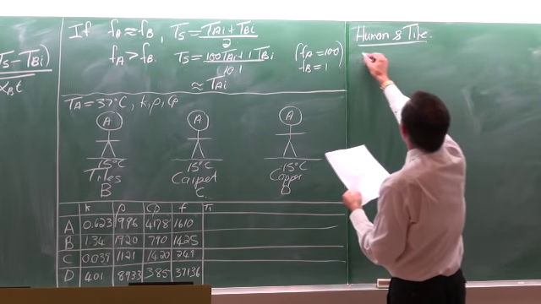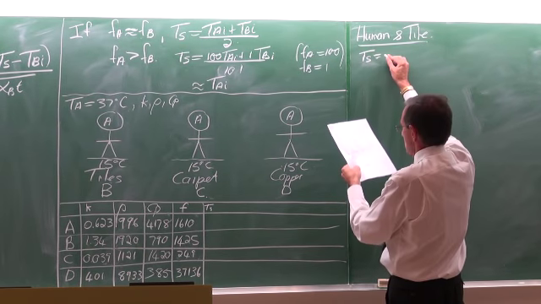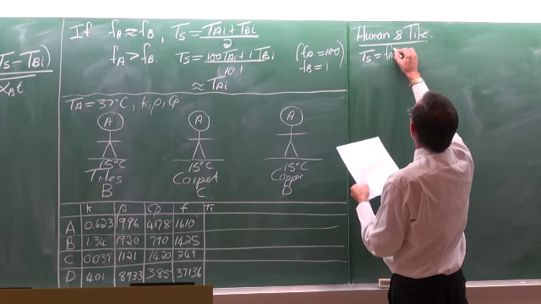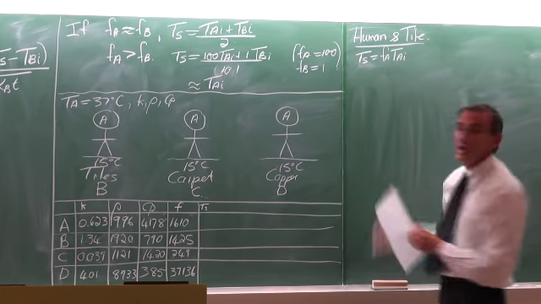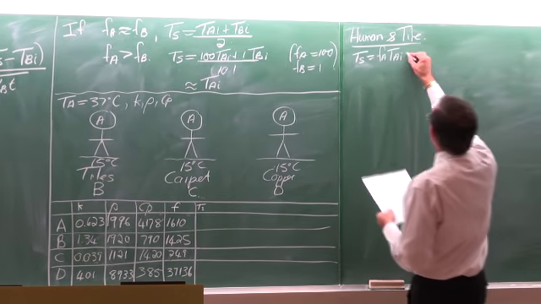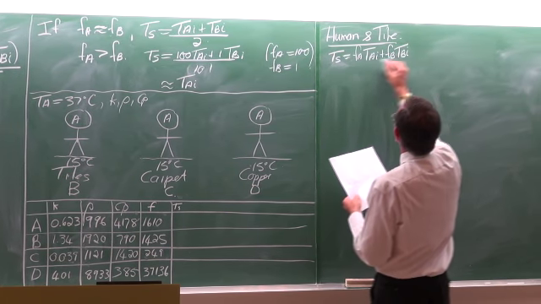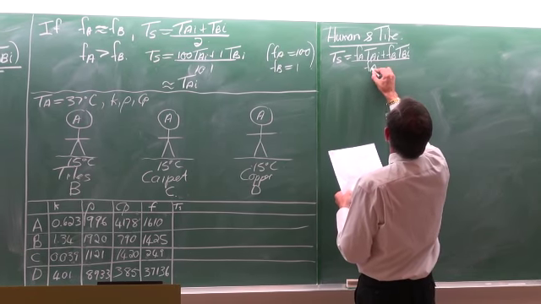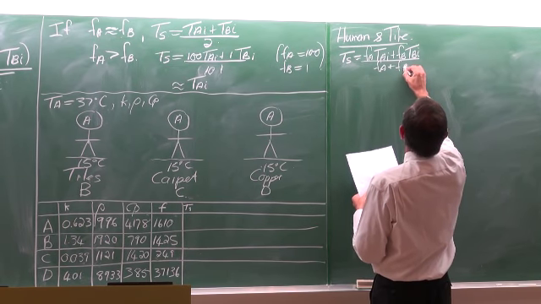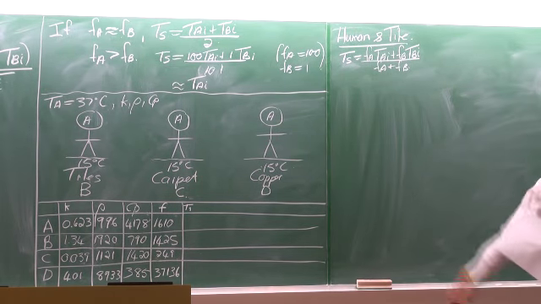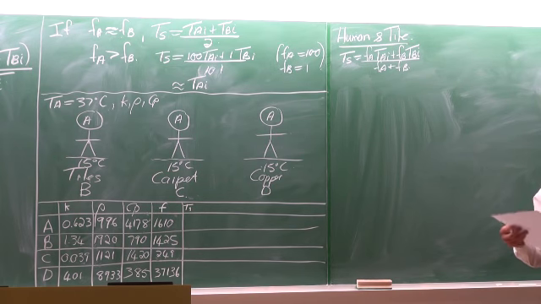So the temperature would be equal to FA multiplied by the temperature of A plus FB multiplied by the temperature of B, divided by FA plus FB, as we've derived it.